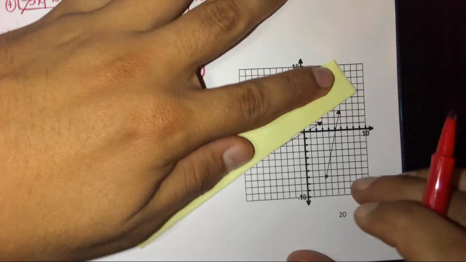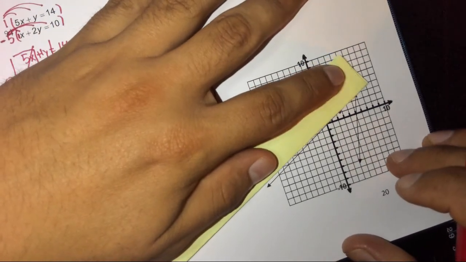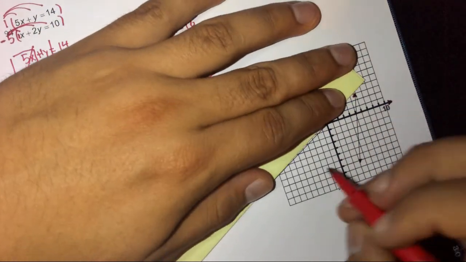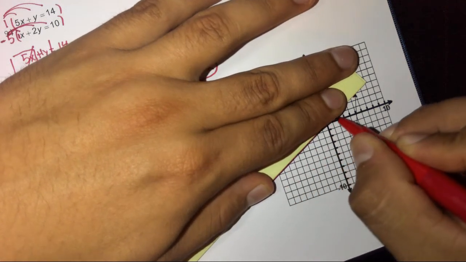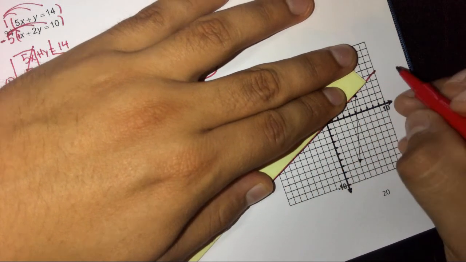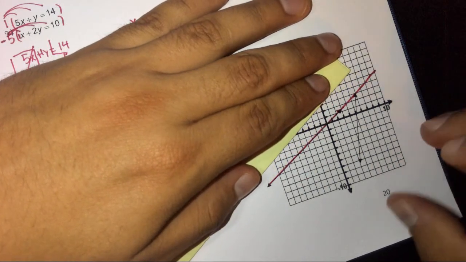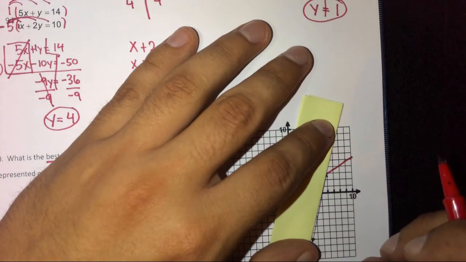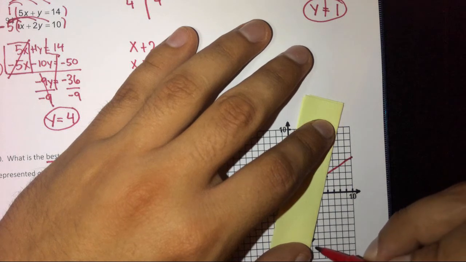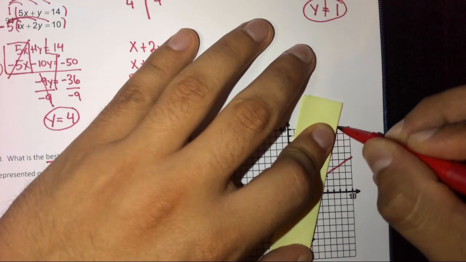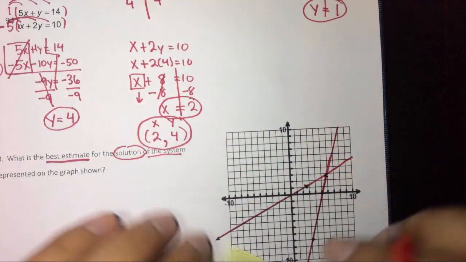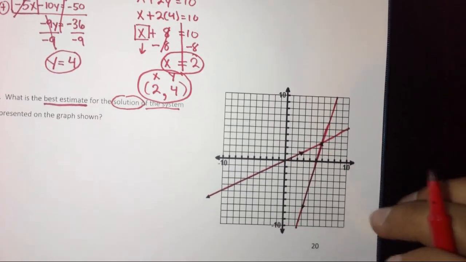So what I want to do is I just want to take my straight edge and extend this line so that they do cross. Extend this line. Something like that.